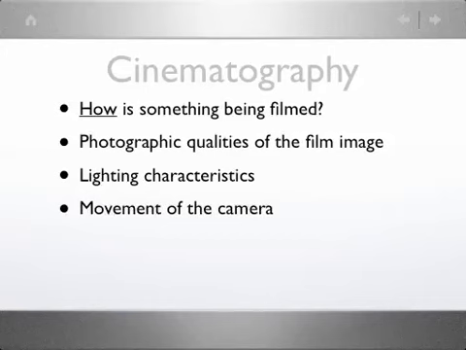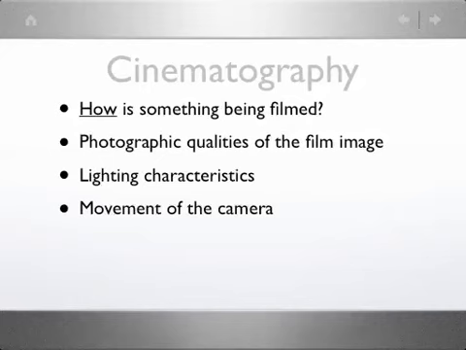What the camera is doing while it is filming the action is another big part of cinematography. The movement of the camera, if it is in fact moving. Oftentimes the camera is not moving at all, it is a stationary camera.